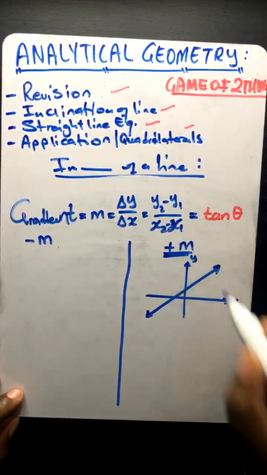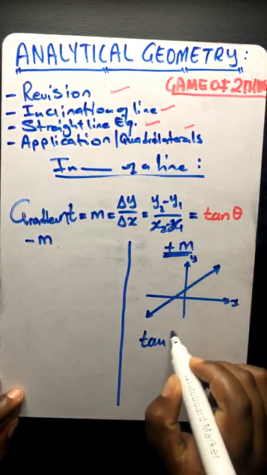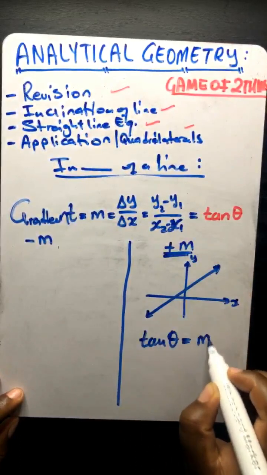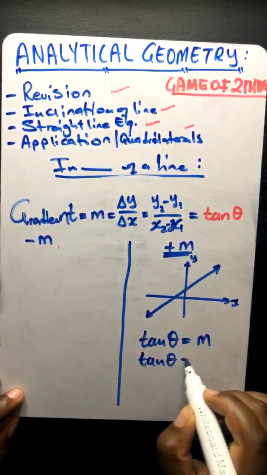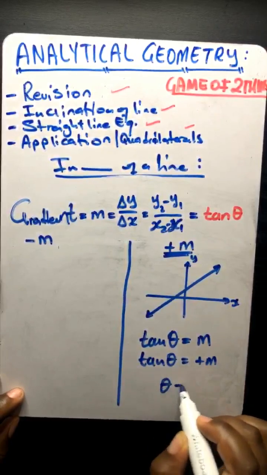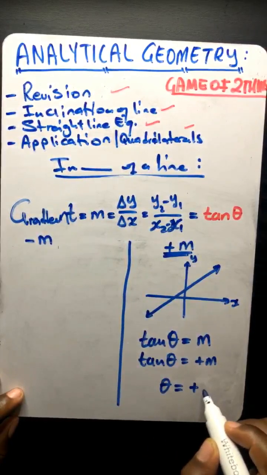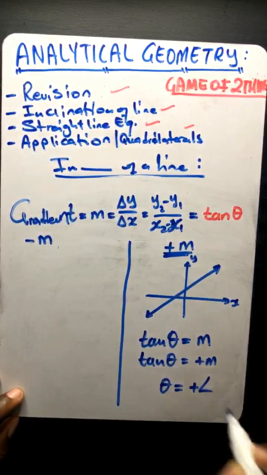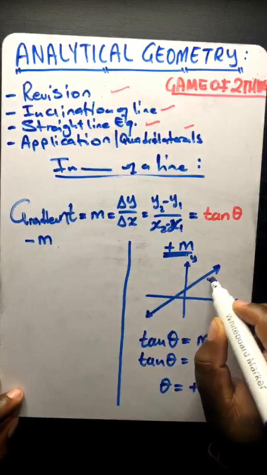Meaning, the moment you start having a positive gradient, when you use this formula, obviously you are going to say tan angle equals a positive gradient. So when you calculate your angle, you're going to find a positive value. So positive value means angle of inclination.